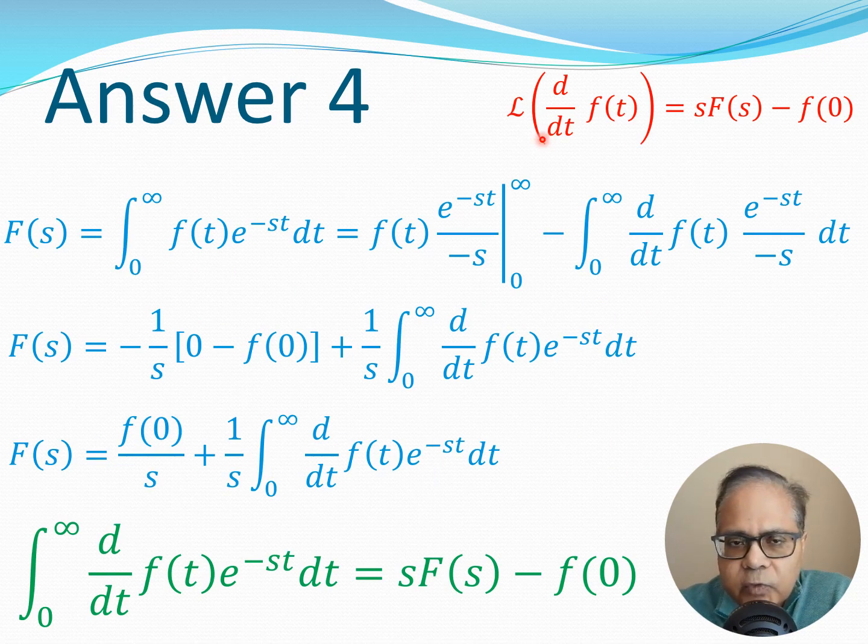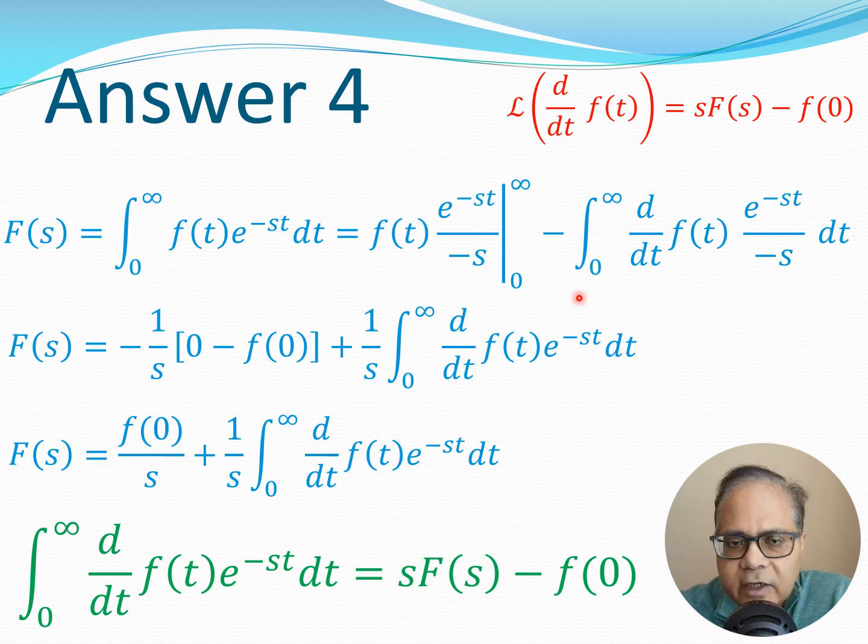So let's try to prove this particular theorem which I have given out in red here. Again I start with the basic definition of the Laplace transform, and then I do the integration by parts. So I take the first function into integral of second minus integral of differential coefficient of first into integral of second.